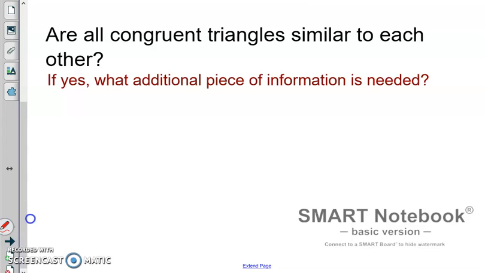So for triangles to be similar, they have to fit one of our patterns. So if a triangle, for example, is similar by angle-angle, for the triangles to be congruent, what other piece of information has to be there? For angle-angle, the problem is for triangles to have corresponding sides that are equal, we wouldn't have that information with just angle-angle. So for angle-angle, proving triangles congruent without a pair of sides just can't be done.